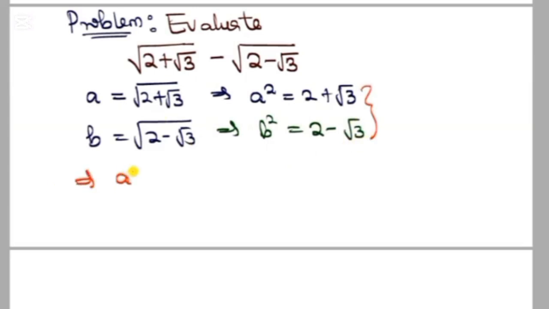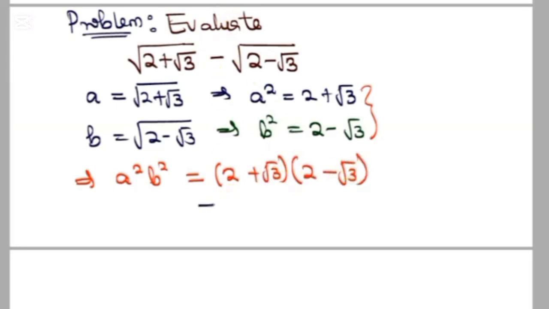So I can then do something, which is to try to multiply the two of them. If I multiply a squared by b squared, I am going to get 2 plus the root of 3 multiplying 2 minus the root of 3. But like I said, these are conjugates of each other, so you will just have a difference of two squares.